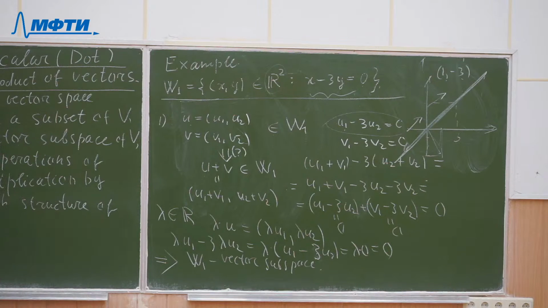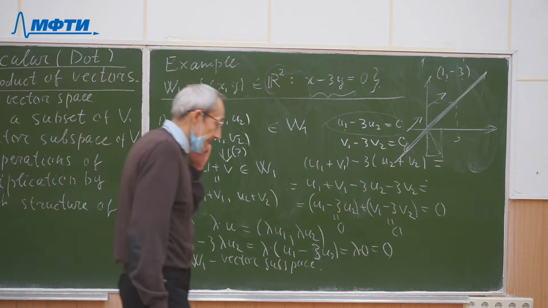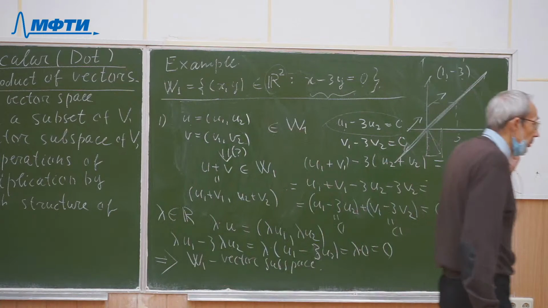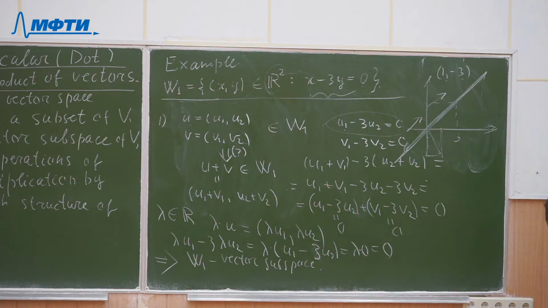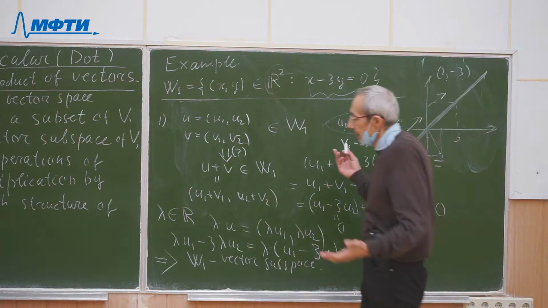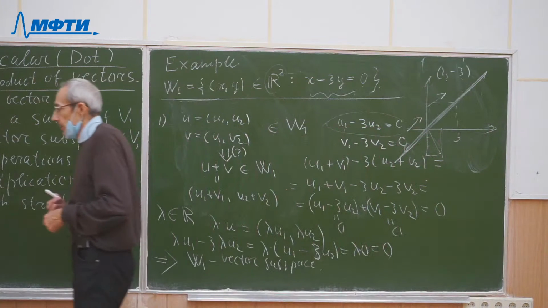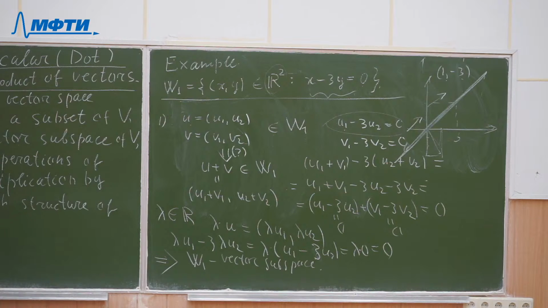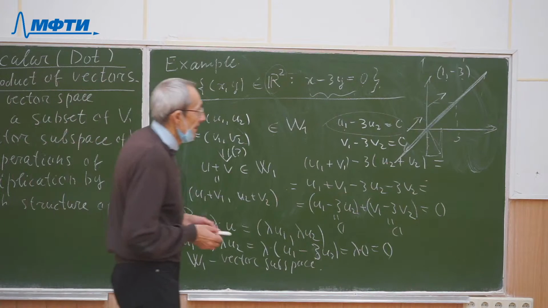Because in many other complex situations we can't see geometrically that some subset is a vector subspace.